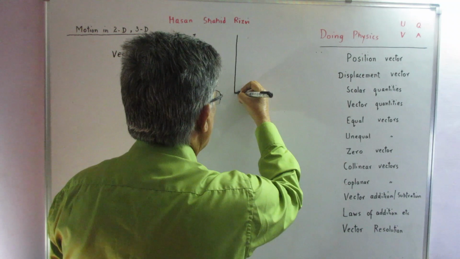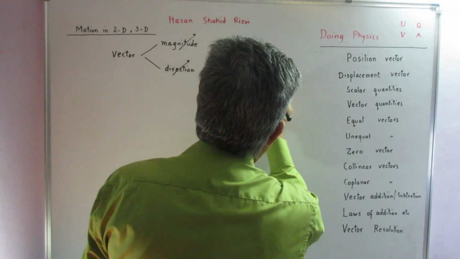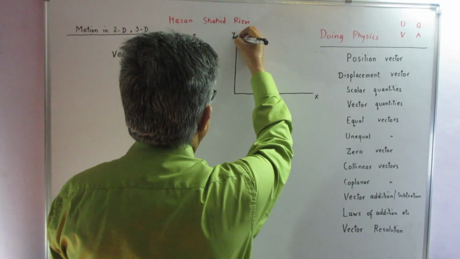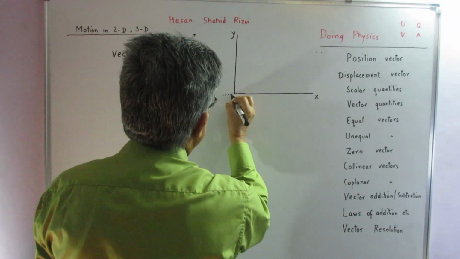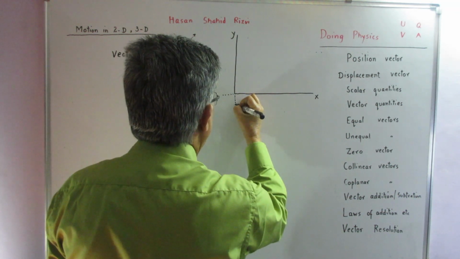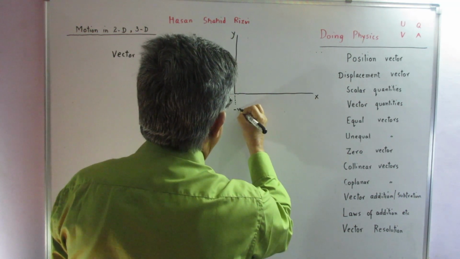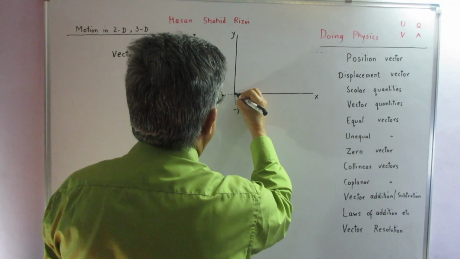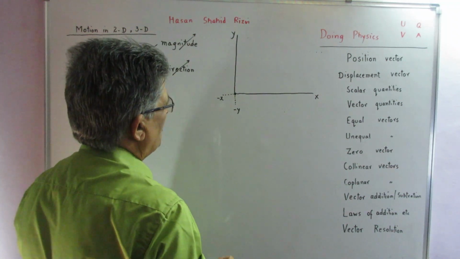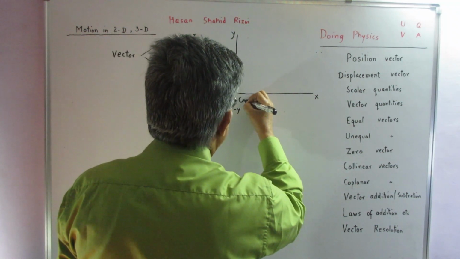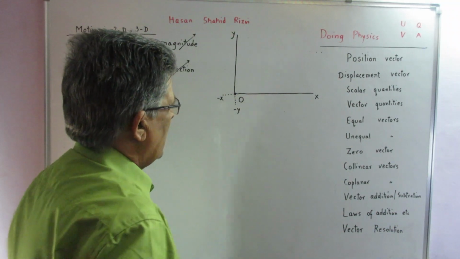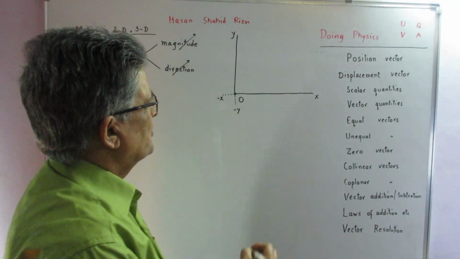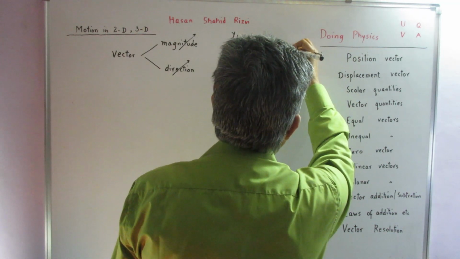Suppose I describe it, as I told you, with the x-axis, the y-axis, the minus x-axis and minus y-axis, and we have a point of reference O here, which is for origin. Suppose a point exists here.